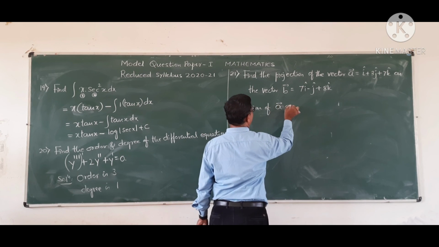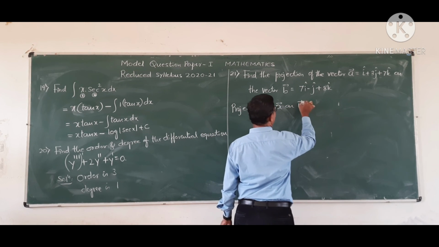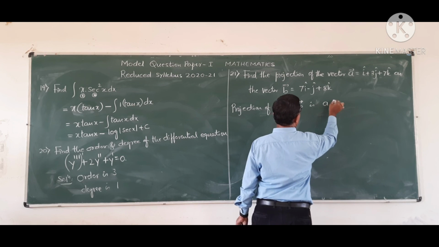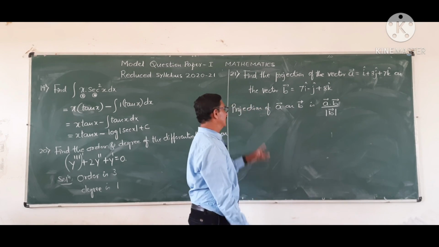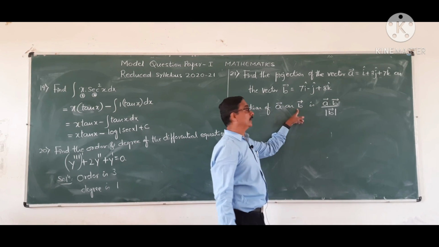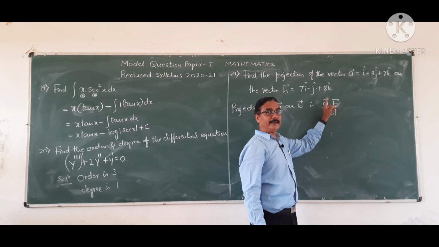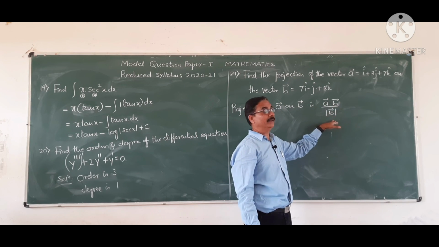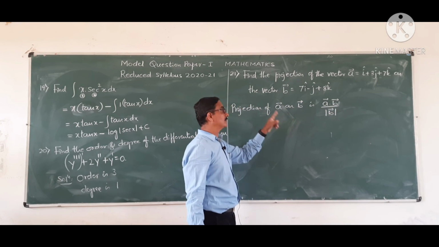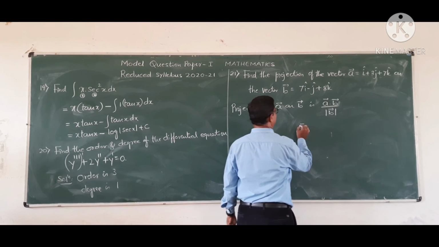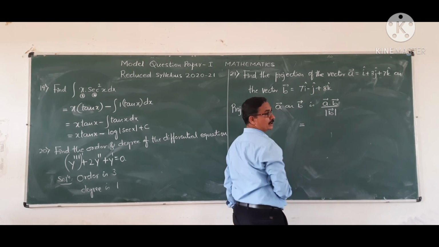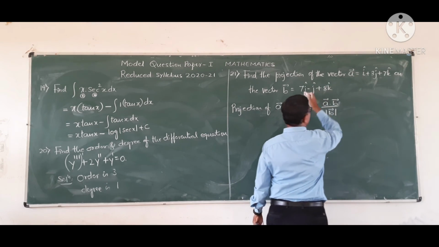Projection of vector A on vector B is, remember, A dot B divided by magnitude of B. Whereas the projection of B on A, numerator as it is, A dot B, divided by magnitude of A. Here, projection of A on B is A dot B divided by magnitude of B. Now A dot B, by the definition of dot product, means multiplying the corresponding elements.